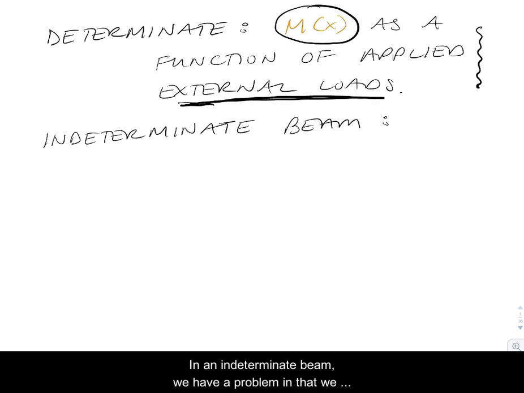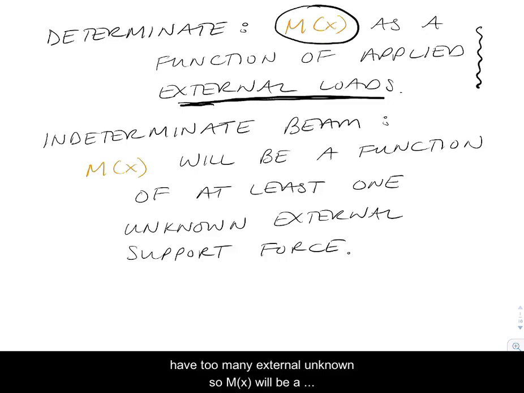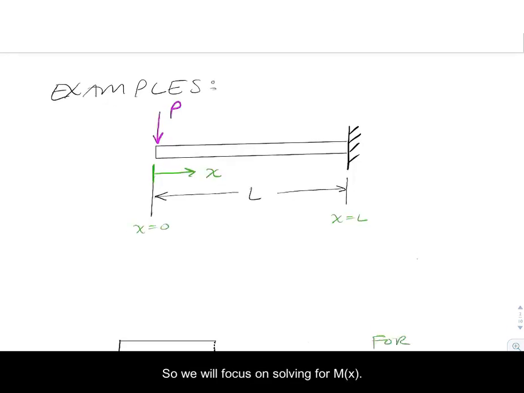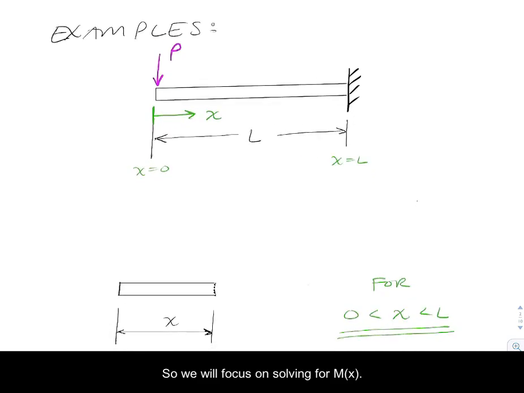In an indeterminate beam, we have too many external unknowns, so m of x will be a function of at least one of those external support forces. We'll look at a couple of examples here very quickly.